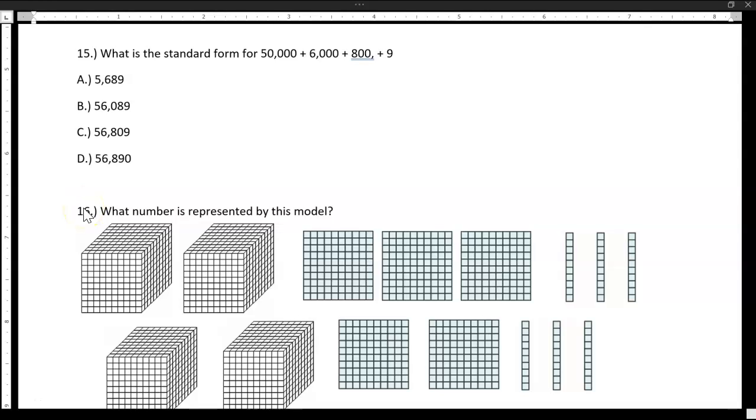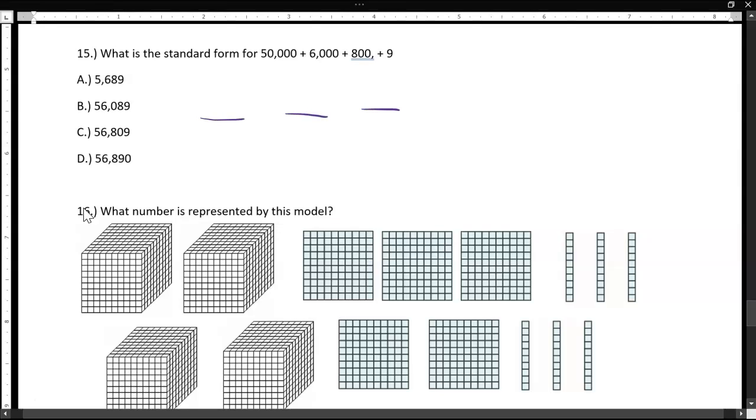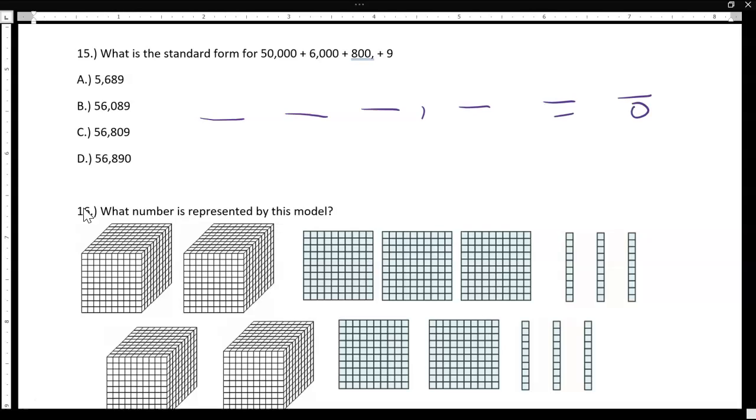Okay, 15. What is the standard form for 50,000 plus 6,000 plus 800 plus 9? We can do our place value chart. Label it.